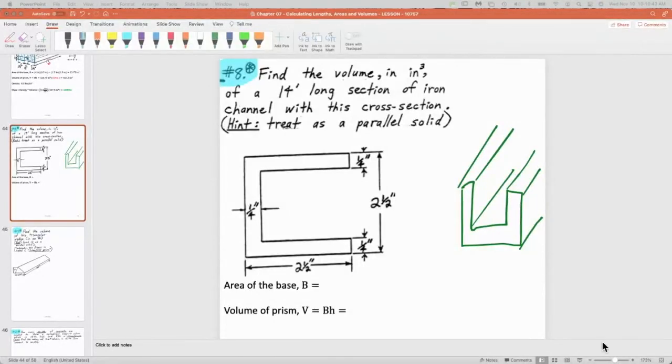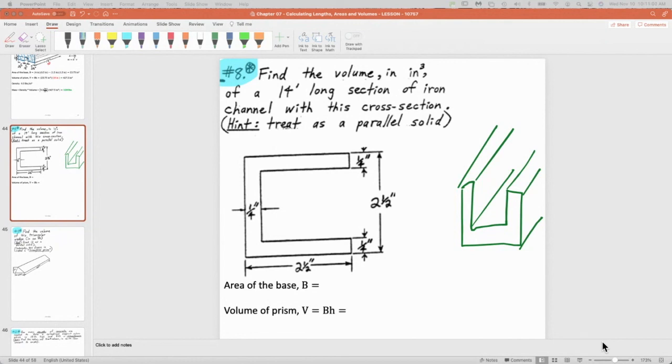So this example continues under the same style as the previous question. We want to find the volume of a parallel solid, or a prism if you prefer. What that involves is calculating the area of the cross section, which we'll call the base.